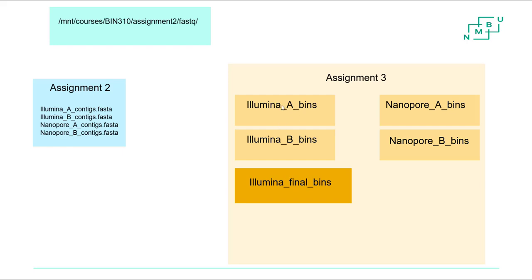So for instance, imagine you have a bin here called maxbin 001.fasta, something like that. Then you will also have here a file with exactly the same name. And if both of these survive this ensemble step, they will end up here, but since they have the same name, one of them will overwrite the other.